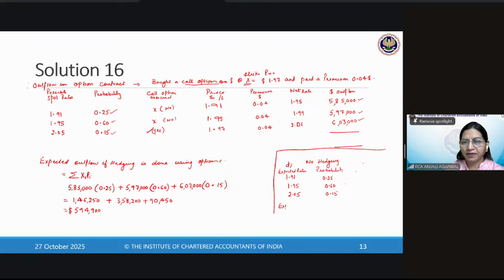So the expected spot rate, using the same formula, summation XiPi, where X is this and probabilities are here, will be 1.91 multiplied by 0.25 plus 1.95 multiplied by 0.60 plus 2.05 multiplied by 0.15.